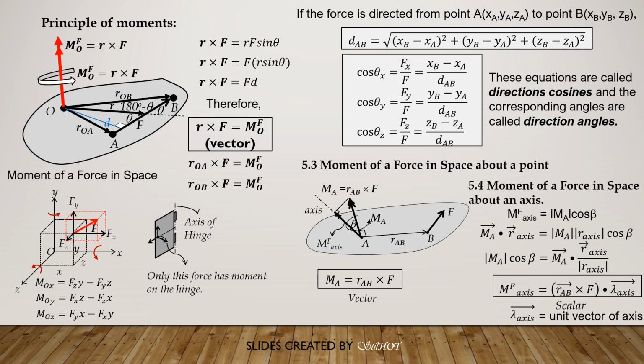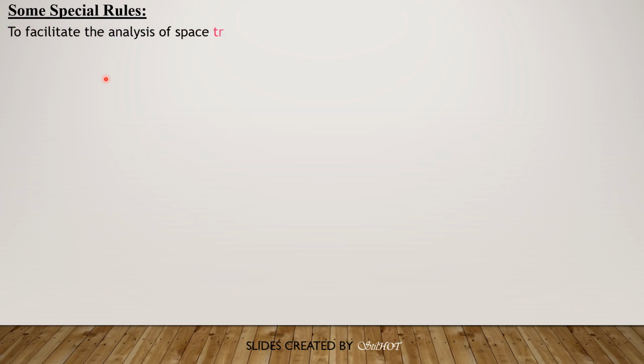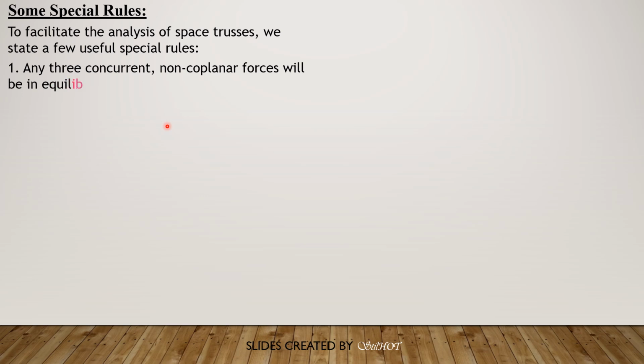So to understand the principle, let's discuss some special rules in order to facilitate the analysis of space truss. The first rule is any three concurrent non-coplanar forces will be in equilibrium if and only if all three forces are zero.